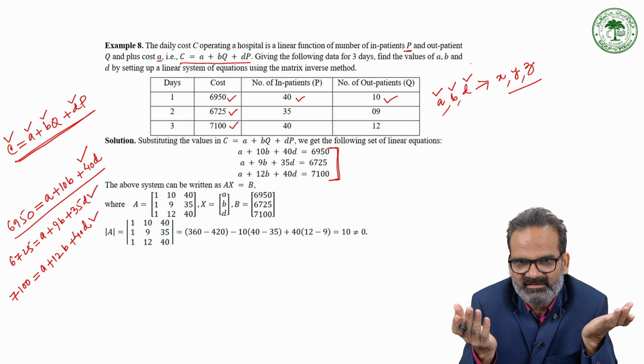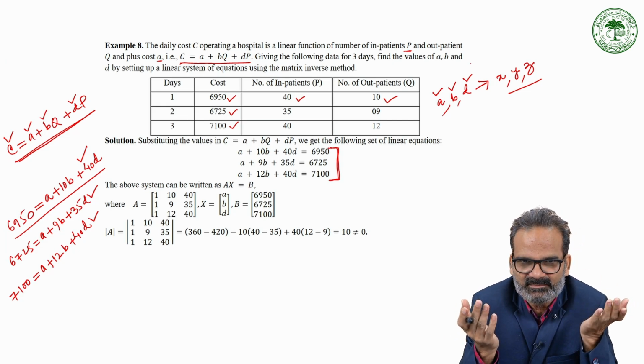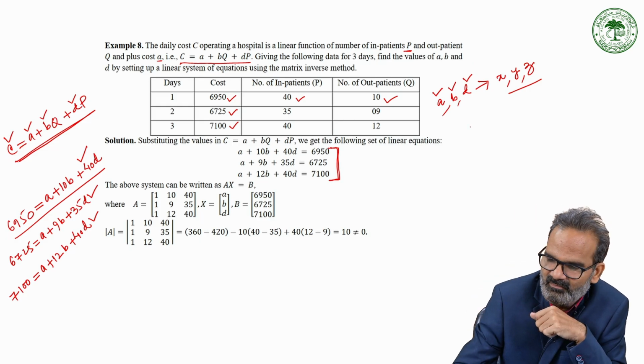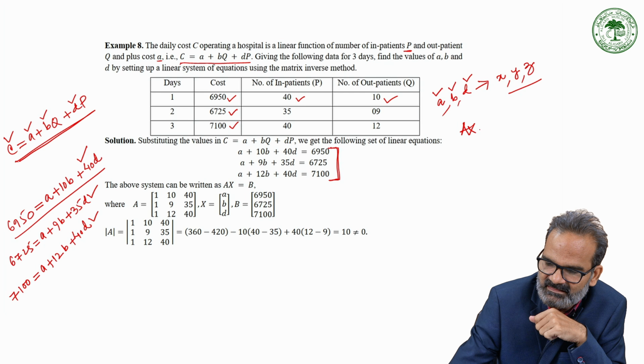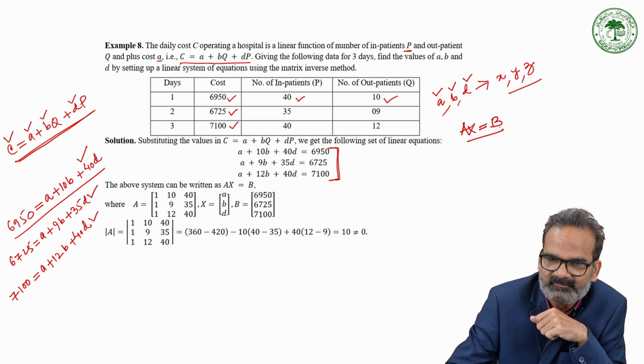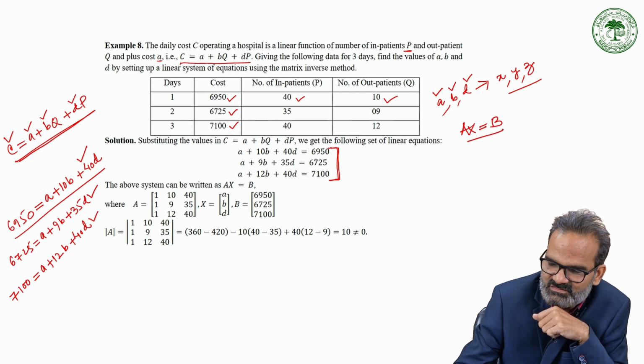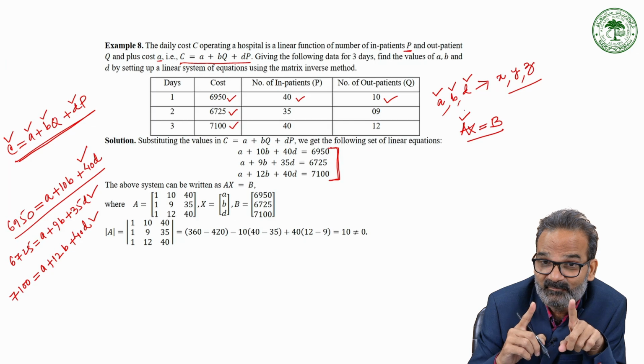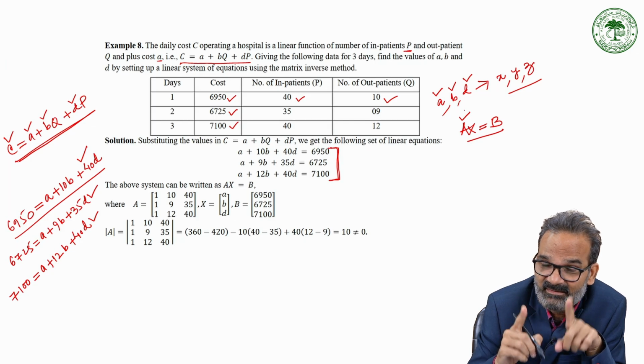Now the procedure will remain as it is. The first step is to transform these 3 equations into the matrix form, that is AX equals B. Clear? So AX equals B, where A is the matrix of the coefficients of the variables A, B and D. Be careful, I am repeating it once again.